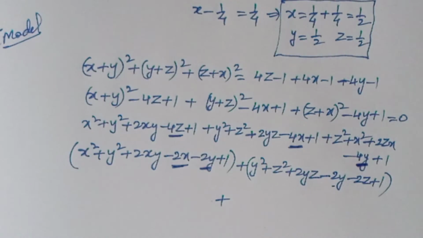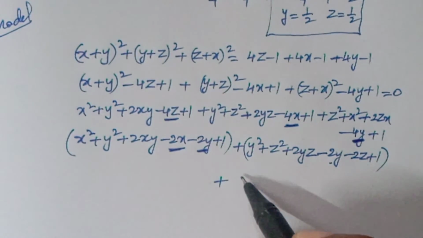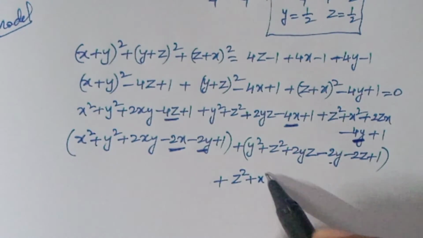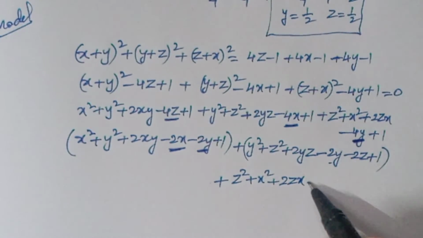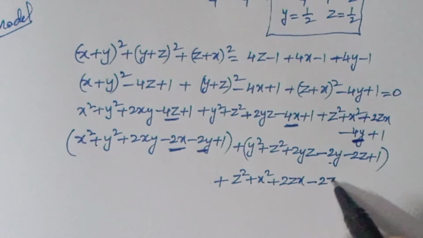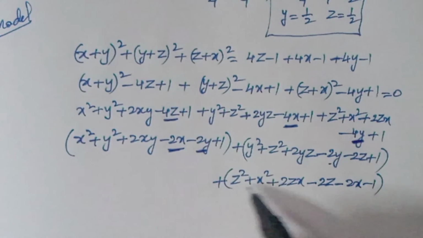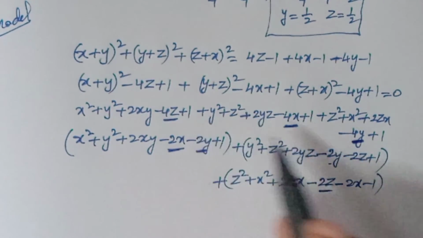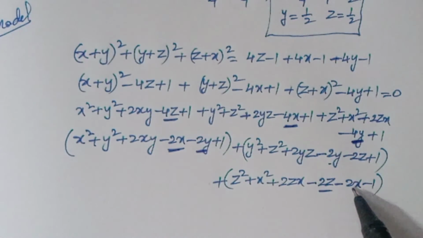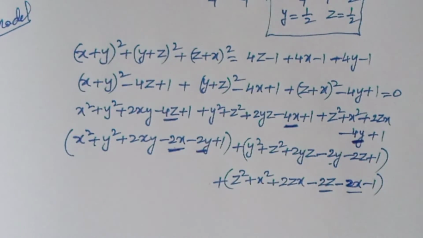Third one, you are writing z square plus x square plus 2zx minus 2z minus 2x plus 1. So here minus 2z, you got minus 2z, minus 2z, minus 4z; minus 4x, here minus 2x, here minus 2x, we will get minus 4x.